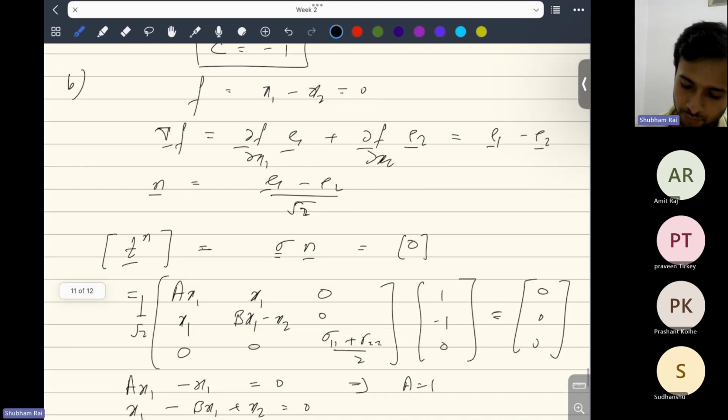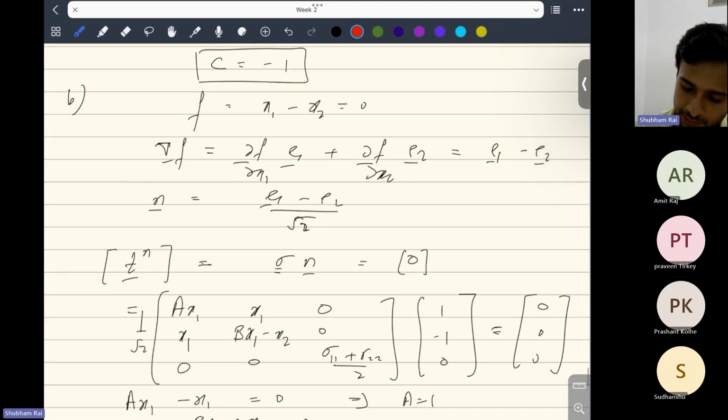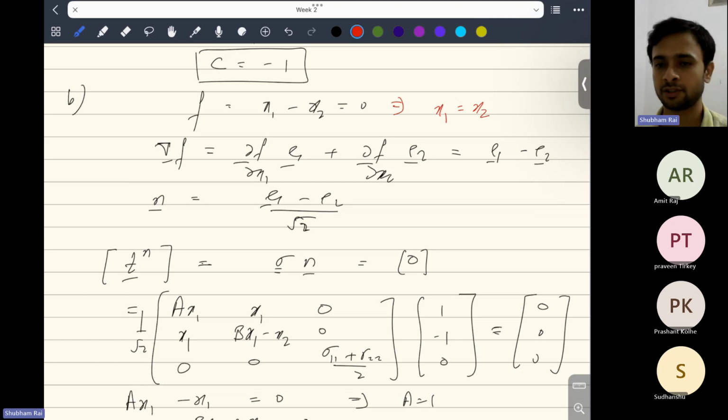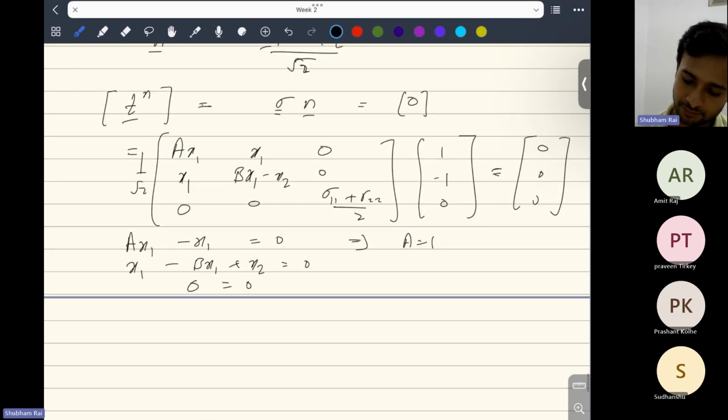Okay, yeah. So from this, actually, we can just deduce that x1 is equal to x2 on this surface, right? On this plane. And we are putting traction equal to 0 on this plane only, so that this condition will hold. So that's why this x2 you can substitute as equal to x1. If you do that, x1 minus x2 will be 0 here. So you will only be left with minus bx1 equal to 0.